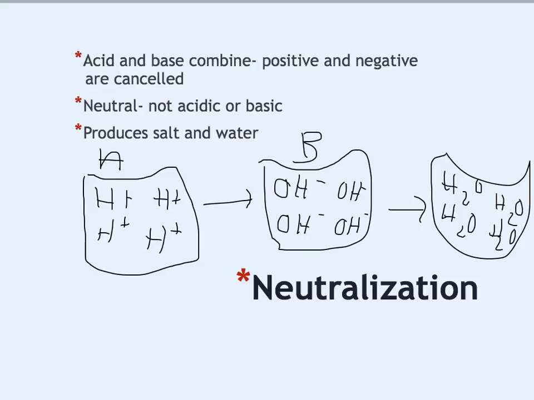Notice now that there's no charge. Typically you get salts and water produced. And remember, another way to write water is HOH. So acids have the hydrogen present, bases have the hydroxide present, and if you combine them together, you're going to have neutralization. They will have no charge anymore and produce some form of salt and water.